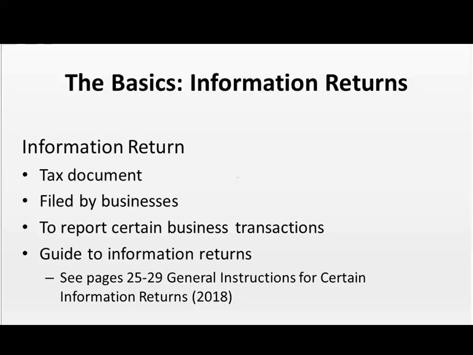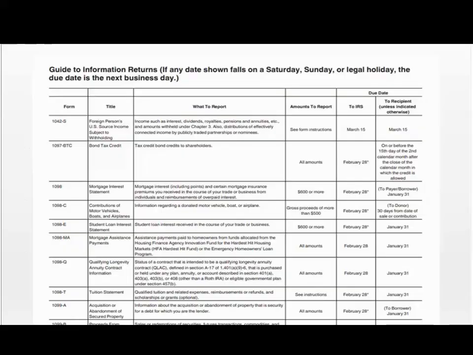Pages 25 to 29 in the 2018 version. It has 2 parts. The first part of the guide is a listing by form number, and it gives you certain information about the form. For example, the third one down on the list is Form 1098, which is a mortgage interest statement, and it talks about that being for mortgage interest, including points, certain mortgage insurance premiums, and so on.